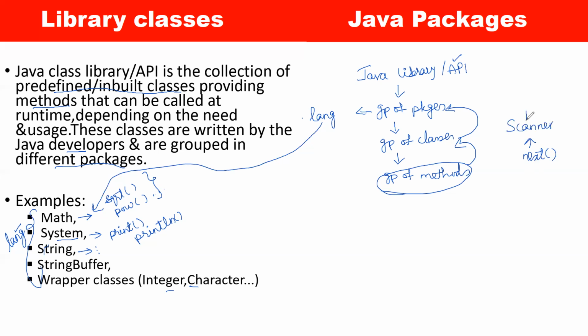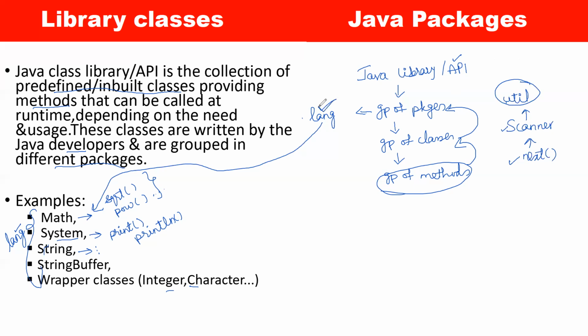Now Scanner class is placed in the util package. So whenever you want to use next of the Scanner of the util package, you have to explicitly write the import statement, import java.util.Scanner, as the first statement of your program. That is because util is not a default package, whereas lang is the default package.